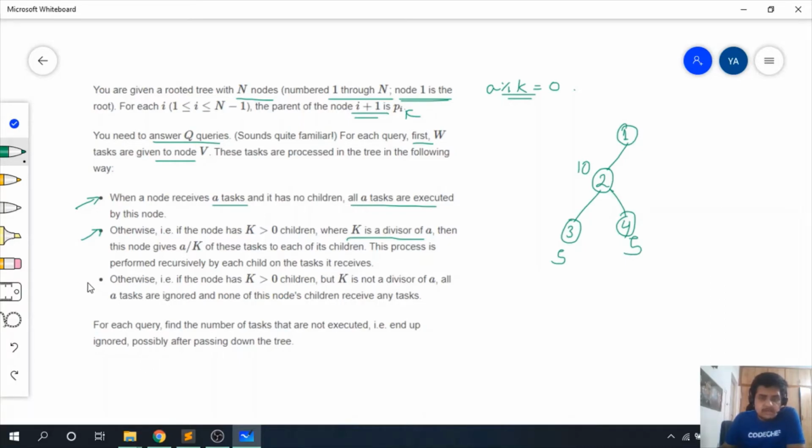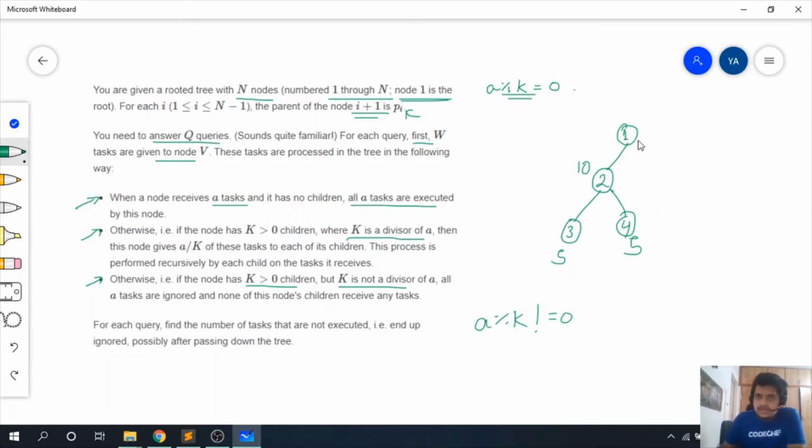So let us move on to the next condition. Otherwise, if the node has k greater than 0 children but k is not a divisor of A, so now the condition is A percent k not equal to 0.